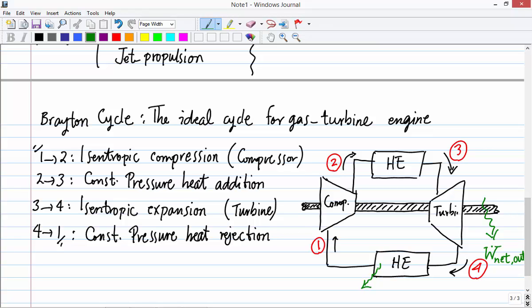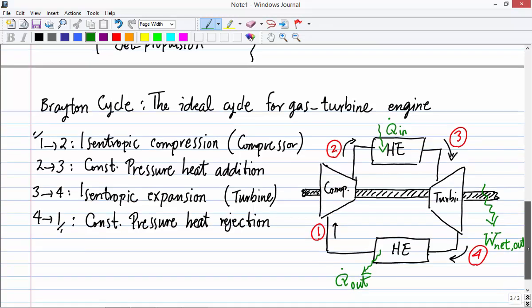In this section here, we reject the heat, and in the other heat exchanger, we add heat. Here heat goes in and then goes out, and then here's the work that I get.